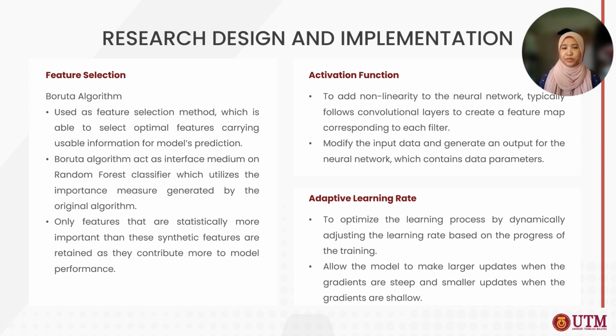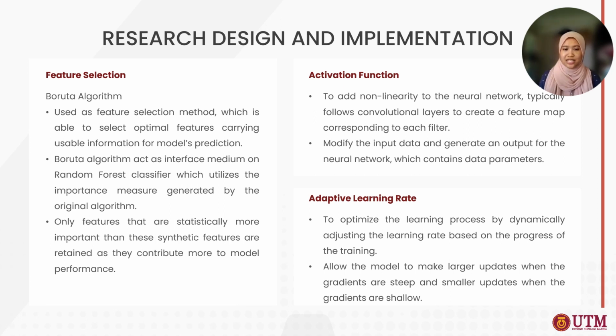In the design and implementation, feature selection uses the Boruta algorithm. It is used as a feature selection method, which is able to select optimal features carrying usable information for the model's prediction. It also acts as an interface medium on a random forest classifier, which utilizes the importance measure generated by the original platform.